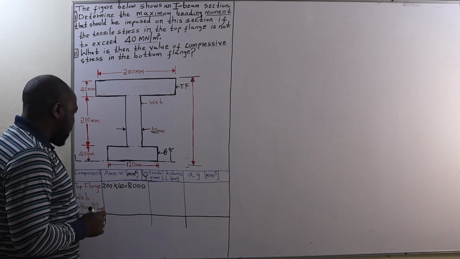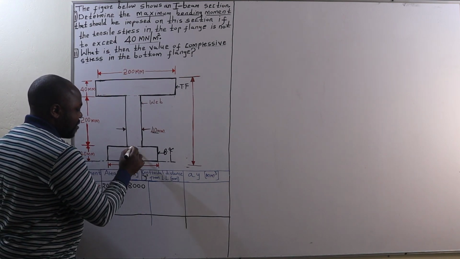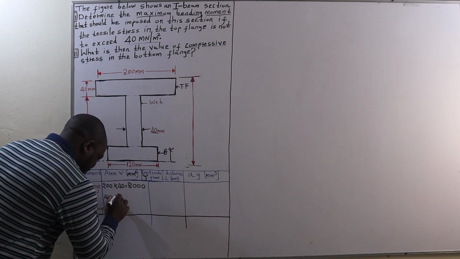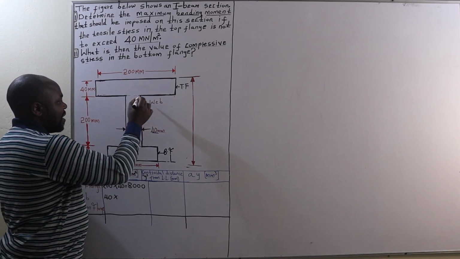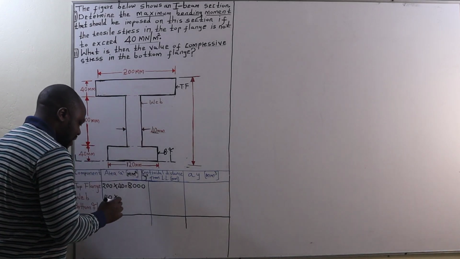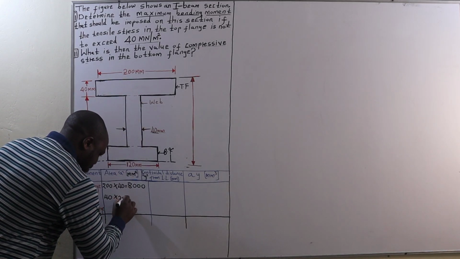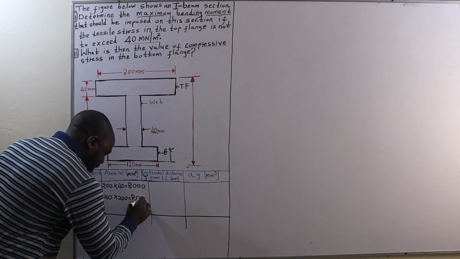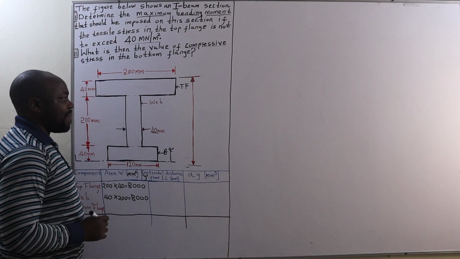The area of the web is going to be a breadth of 40 millimeters times a depth of 200 millimeters, which is also going to be 8,000 as well.